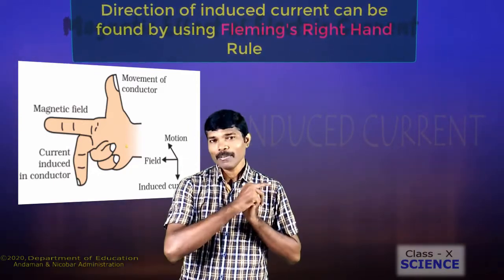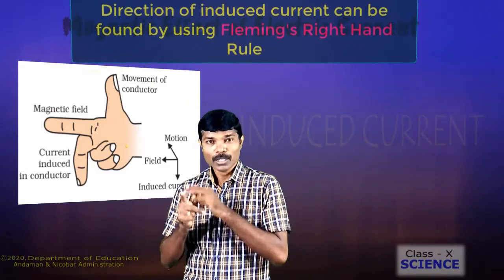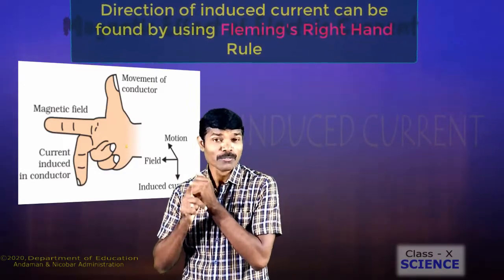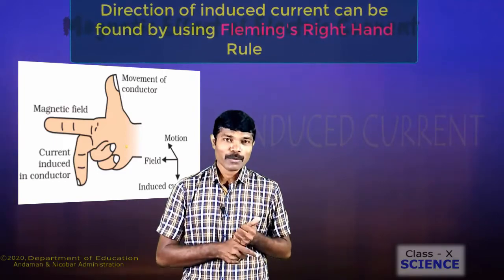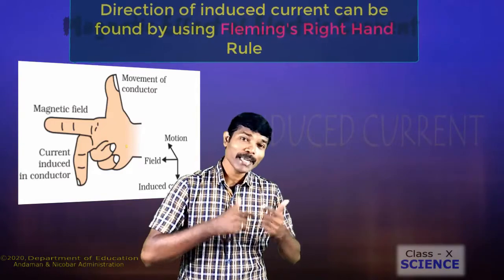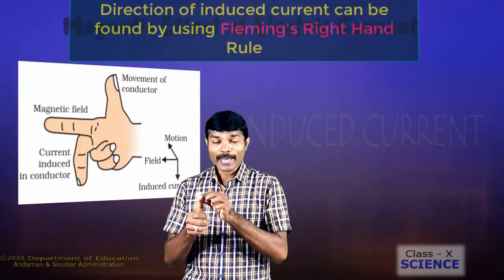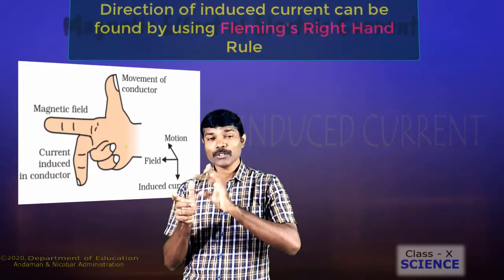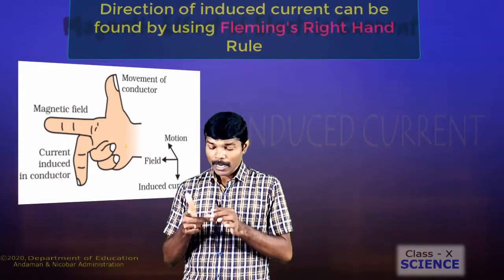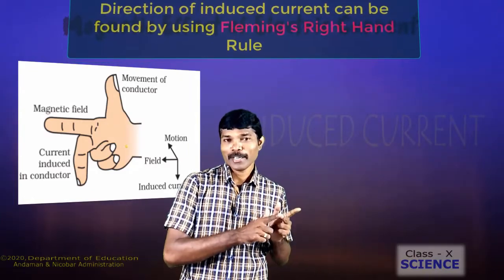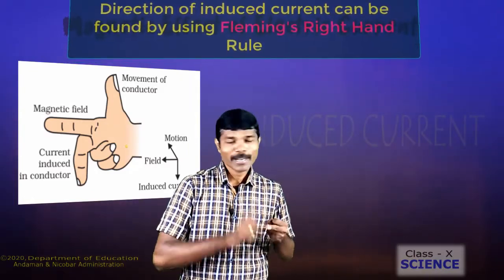In case of Fleming's left hand rule, here also thumb indicates motion. Motion means moving motion of the conductor. Just before we have seen, moving the conductor in a magnetic field produces induced current. So the direction of motion of the conductor is the thumb. And the central finger, in Fleming's left hand rule we have seen central finger indicates what? It is current.